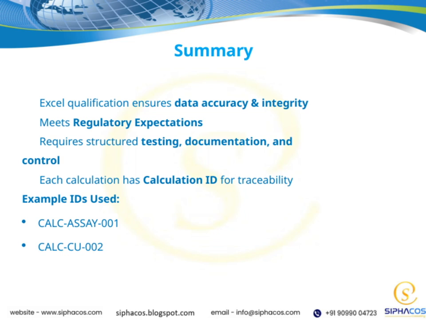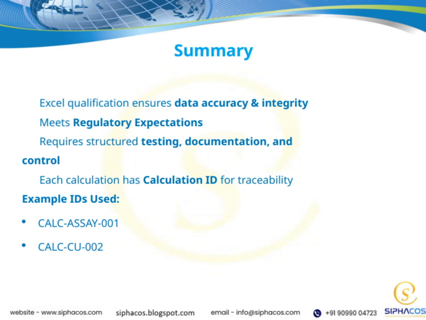Additionally, our process requires structured testing, thorough documentation, and strict control measures. These steps help us catch errors early and keep everything transparent and reproducible. And to make sure every calculation can be traced back easily, each one is assigned a unique calculation ID. For example, you might see IDs like CALC Assay 001 or CALC CU 002.